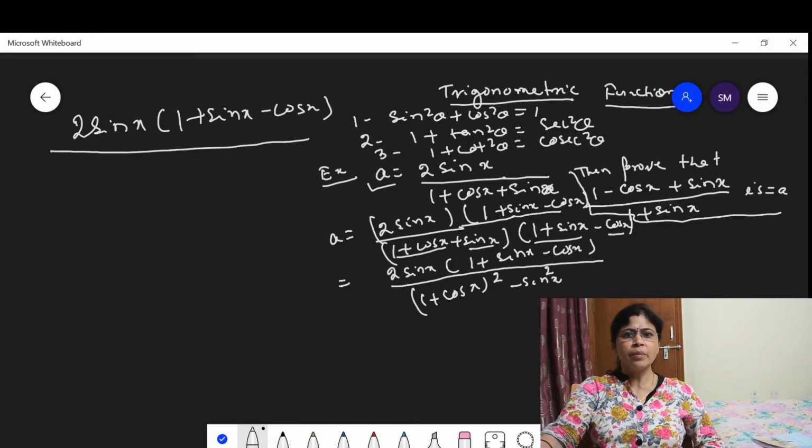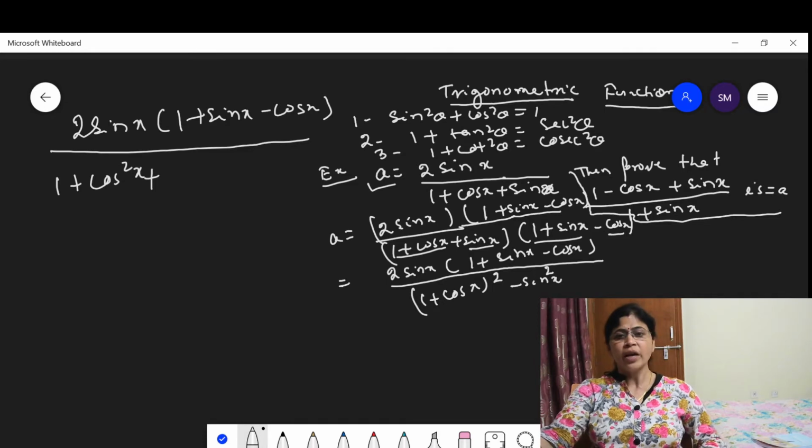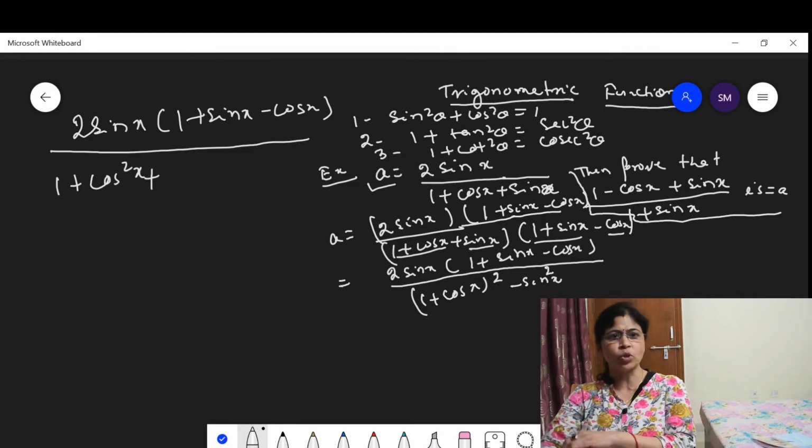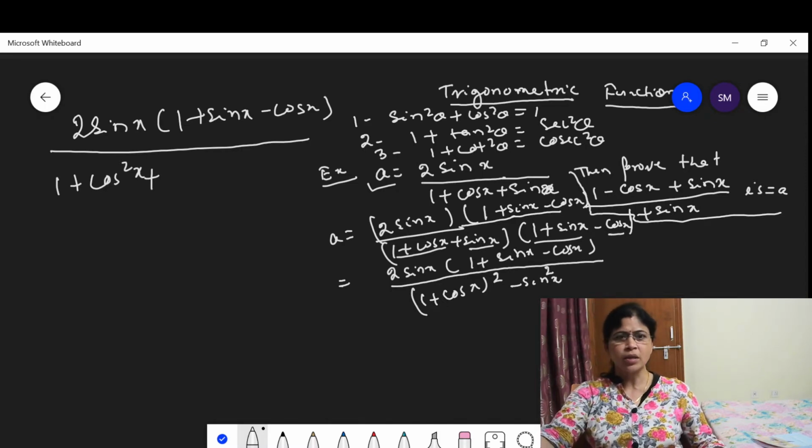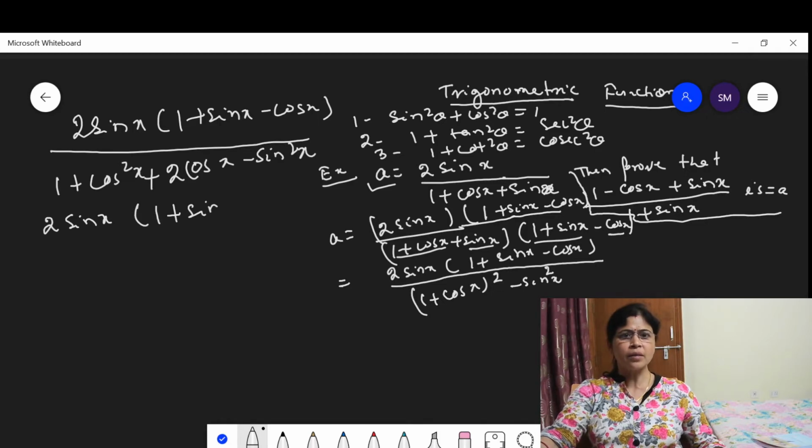Students, I have always requested you to do your worksheets and ask me your doubts. Here a plus b whole square is a square plus b square plus 2ab, so 1 plus cos square x plus 2 cos x minus sin square x. The numerator is 2 sin x into 1 plus sin x minus cos x.